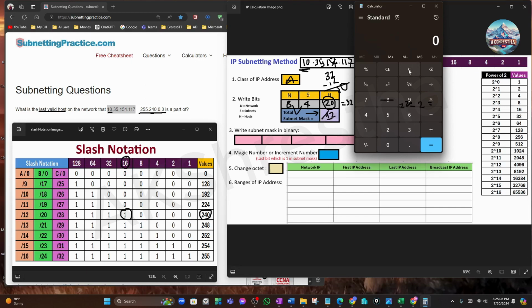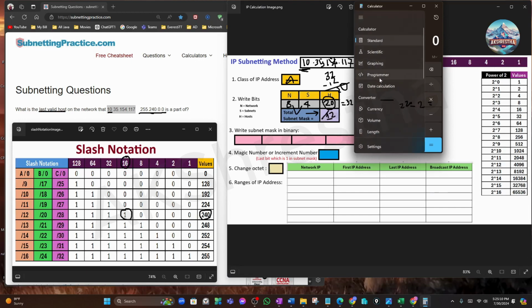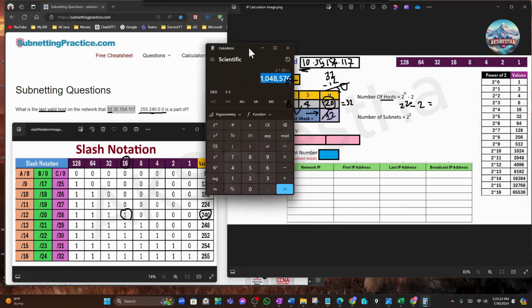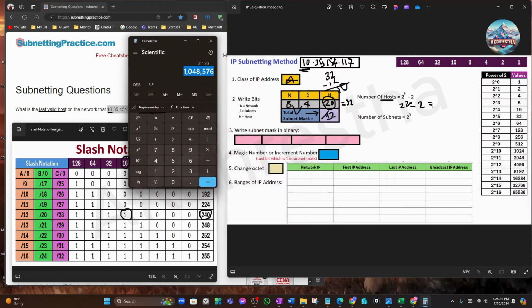I will go to the calculator, scientific. 2 to the power 20, right? Okay, we have this much, our host, 2 to the power 20 minus 2.